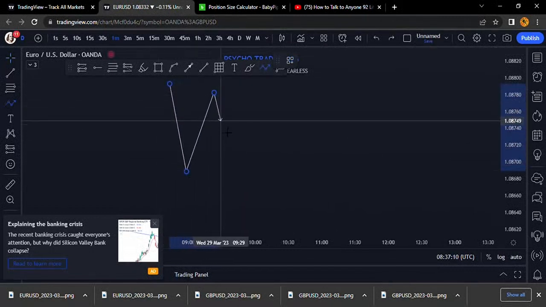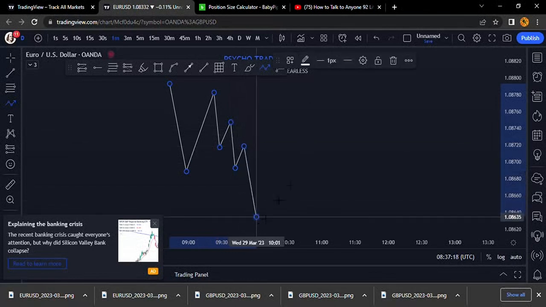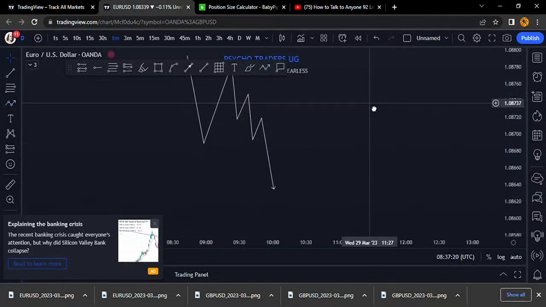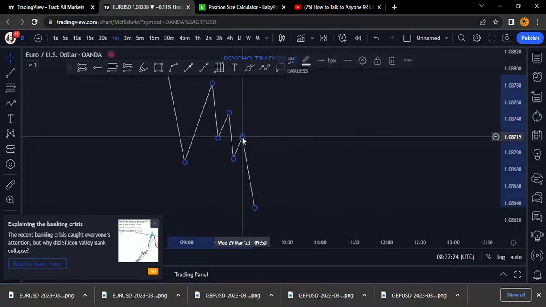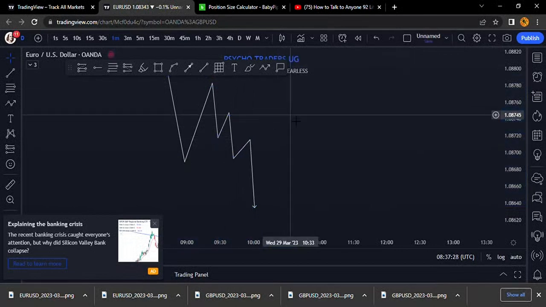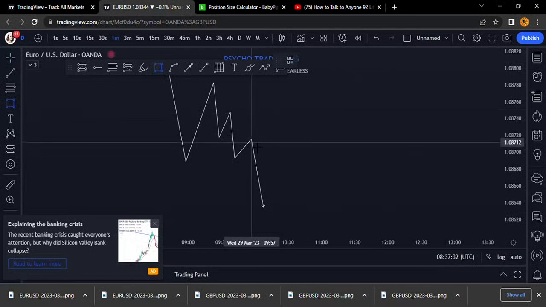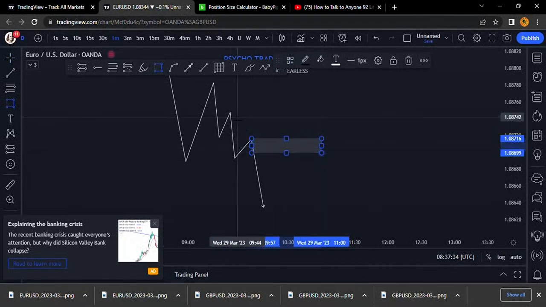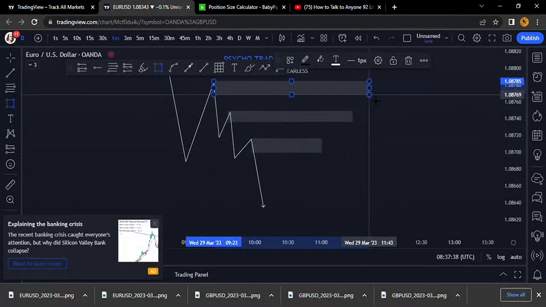So let me give you guys an example of a downtrend again, and we have these zones like this. It's a question of which zone am I supposed to take. Let me say we have three zones. We have this zone right here, this zone right here, and this zone right here.